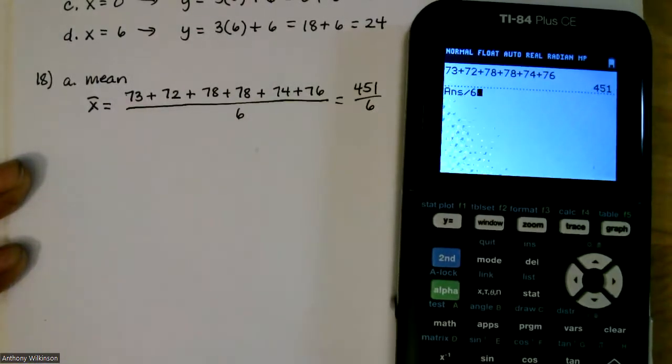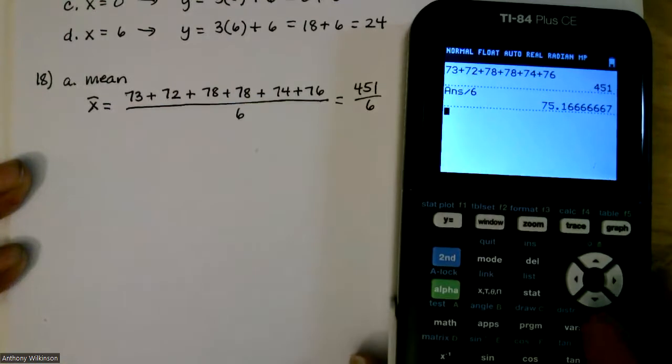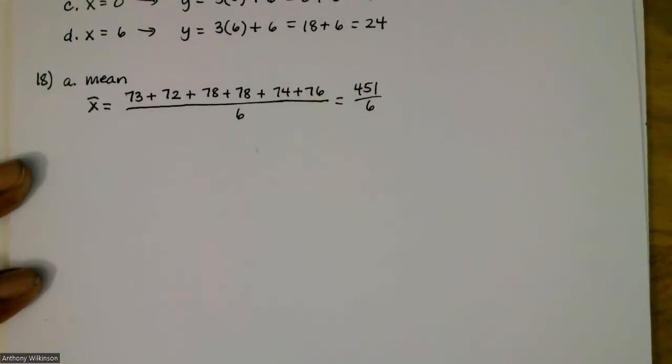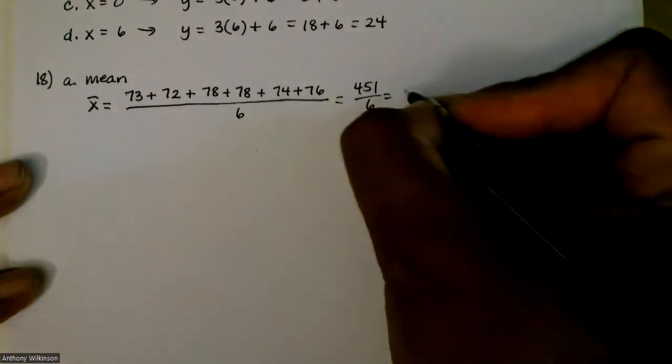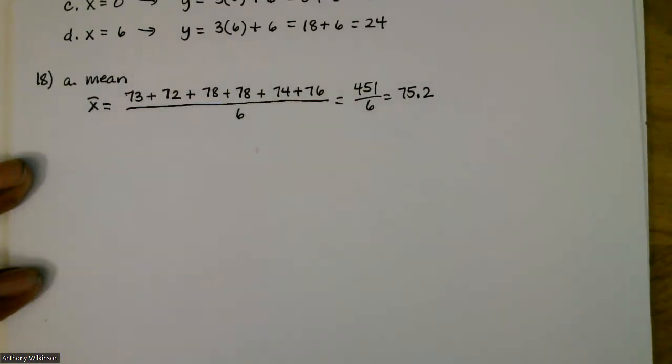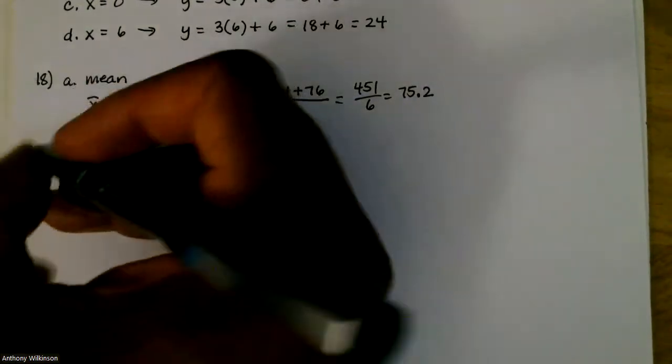And 451 divided by 6. Then we're going to get a decimal, but here, let's say we want to give our answer to 1 decimal place. So in this case here, the mean would be 75.2. So the mean there would be 75.2.